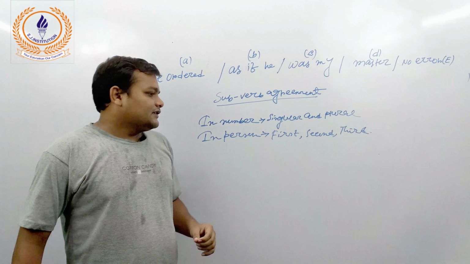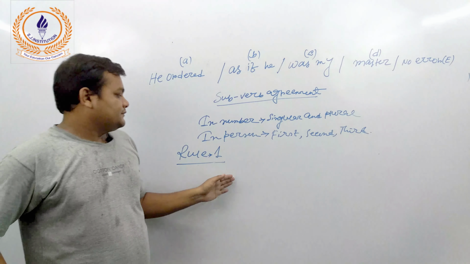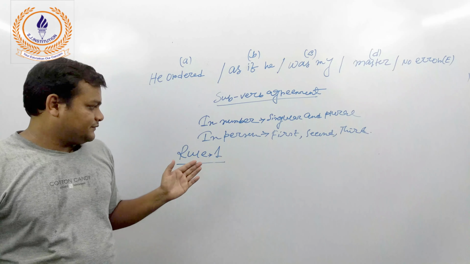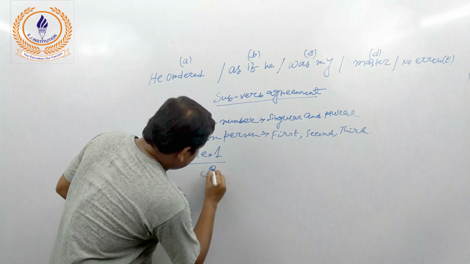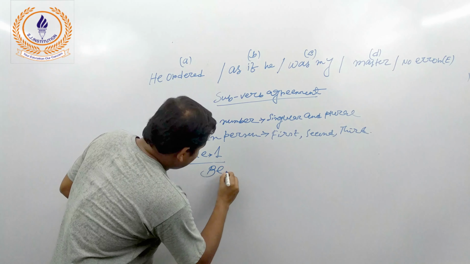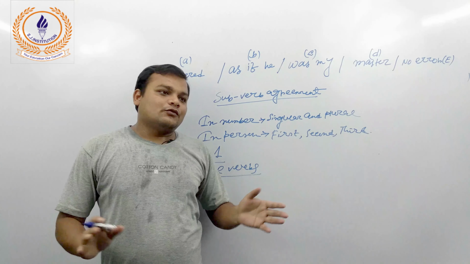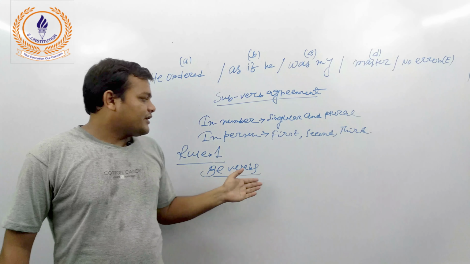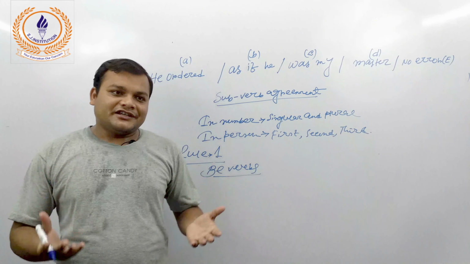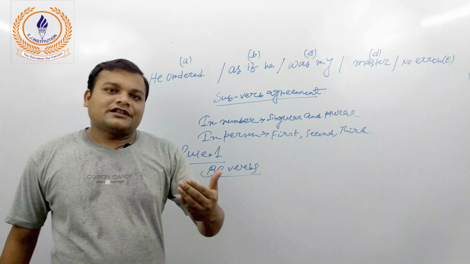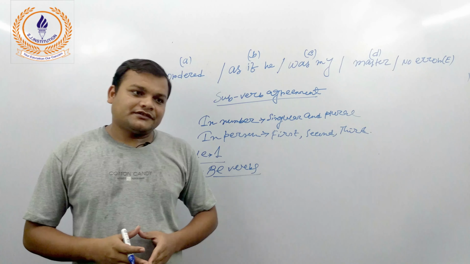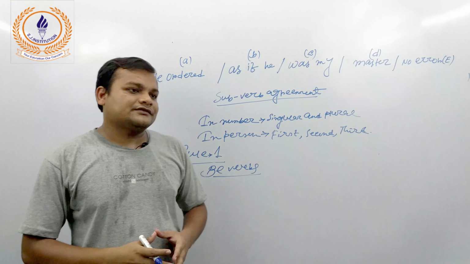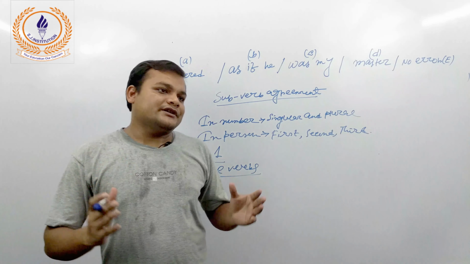Rule 1. Be verb. As you know, am, is, are, was, were, etc. Be verbs change according to the number and person of the subject, but other verbs do not change much on the basis of the subject, except the verbs of the simple present tense.